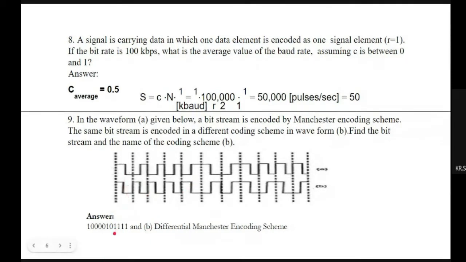It starts with 1, then 0, 0, 0, 0, 1, 0, 1, 1, 1, 1, 1. Don't confuse, this is a single diagram with a middle line: the first one is A and the second one is B. First you have to find the values, then identify the diagram for the differential Manchester scheme.